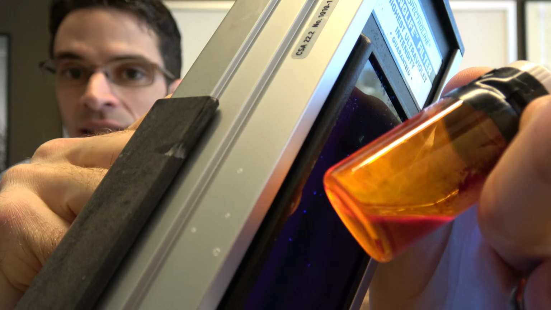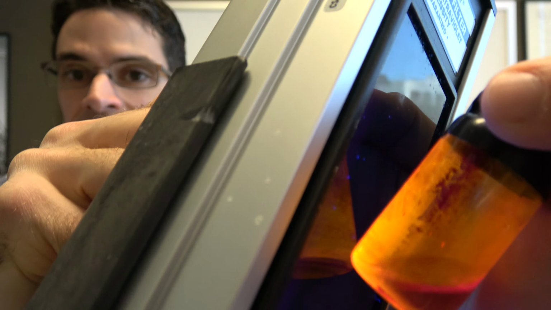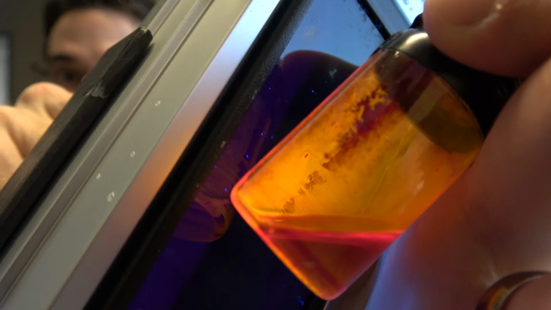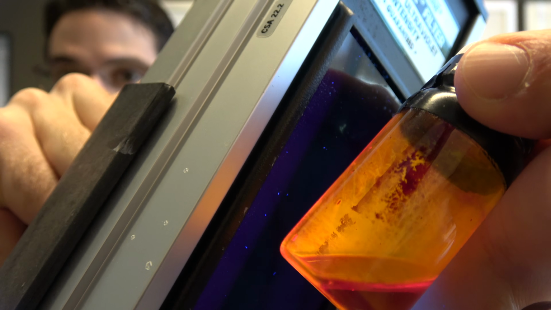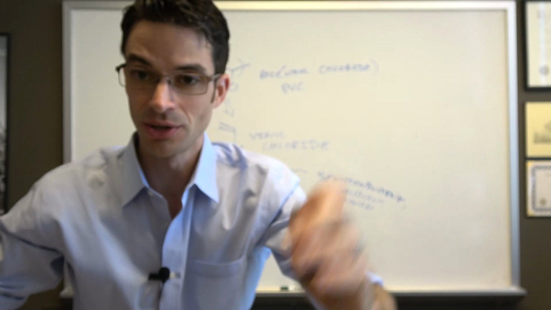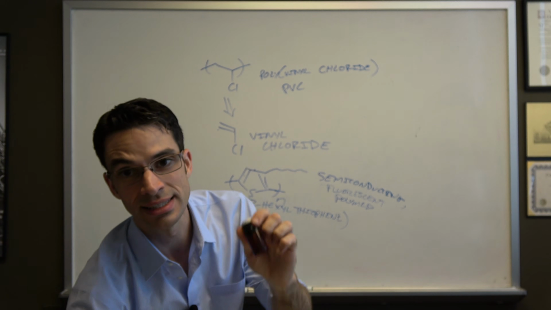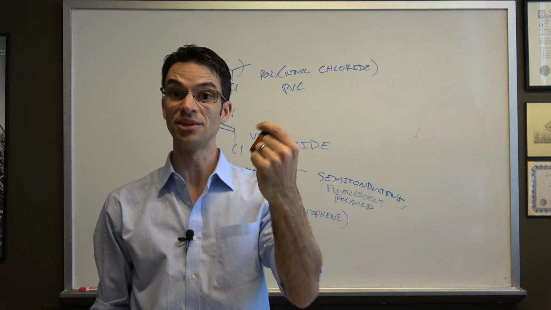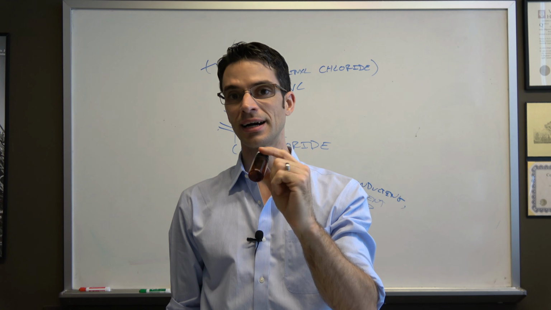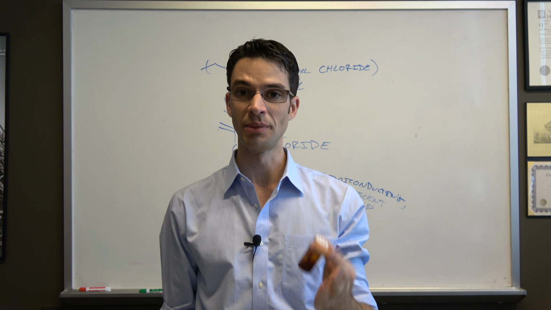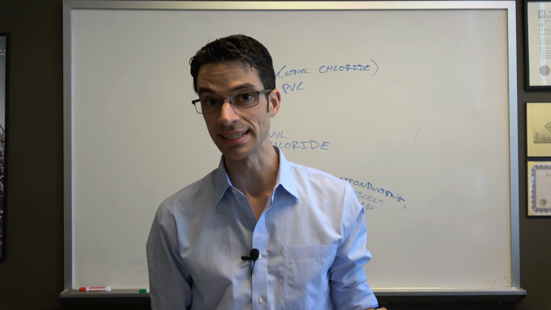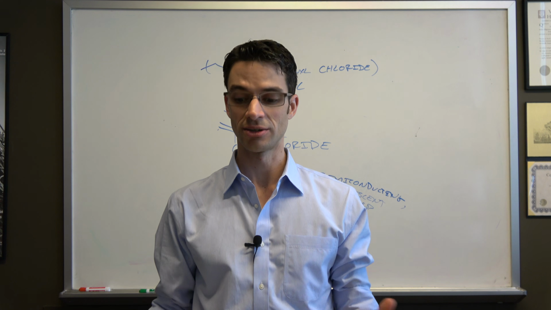So this is a long wave UV light, and you can see that it's kind of glowing fluorescent. Pretty cool, right? So you can actually make these that are all the different colors of the rainbow, and you can use organic light emitters like this to make, for example, OLED TVs, which are now sold commercially.